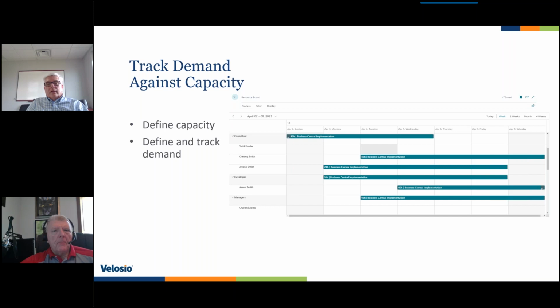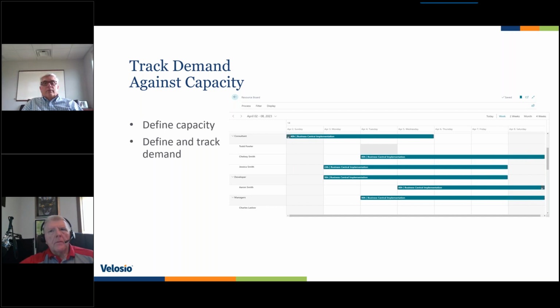Well, capacity really defines how much availability each of your resources has, and then how much your overall team provides as well. So you may have full-time employees that have a 40-hour week. You could have part-time resources that maybe have a 20-hour week. You may have resources that are available 4 days a week but work 10 hours a day, or you may have resources that work 40 hours a week but work 5 days, so 8 hours a day.